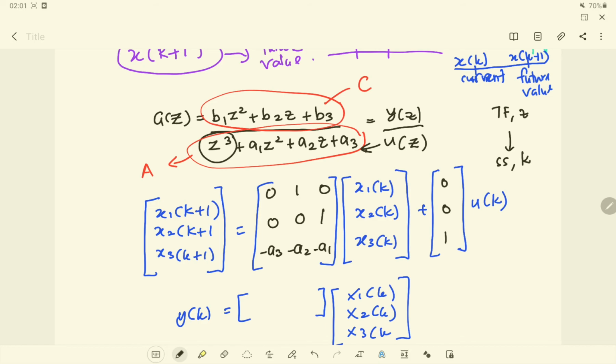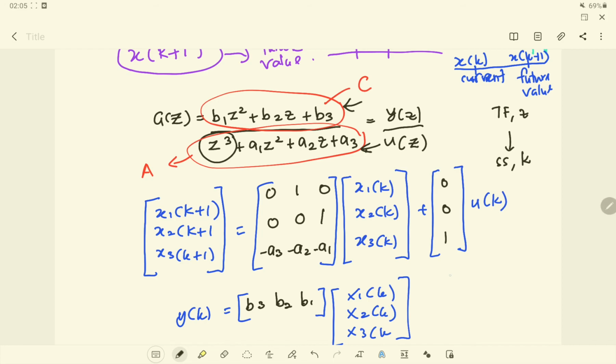And the same goes for the numerator: we write from right to left, so it becomes b3, b2, and b1. I think Dr. Aziza already went through this. So this is how we convert from state space to transfer function and vice versa.